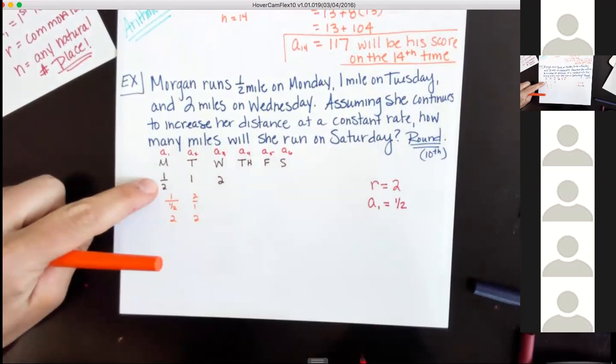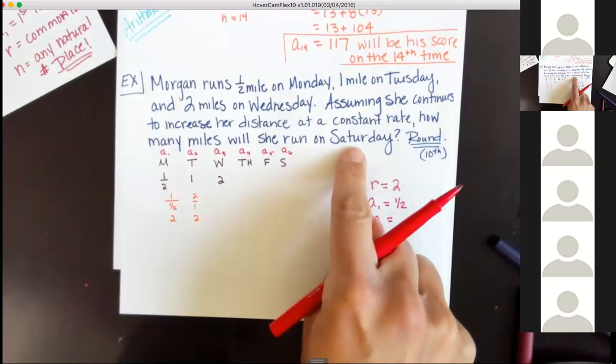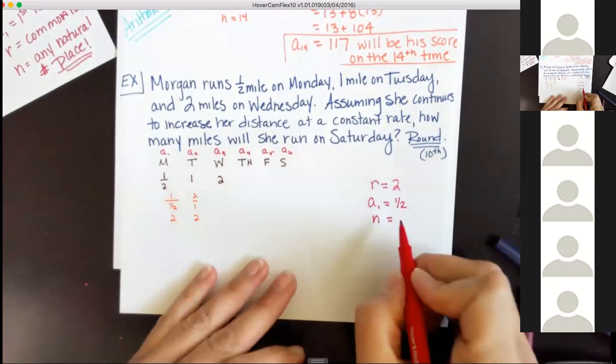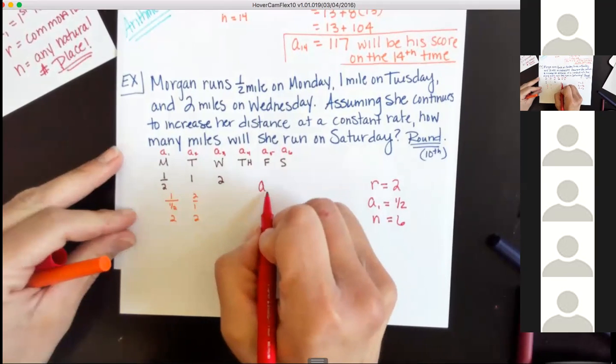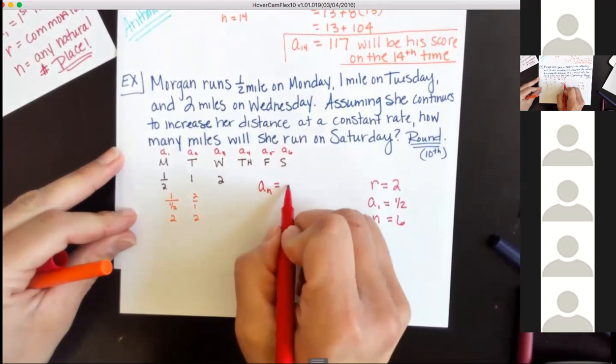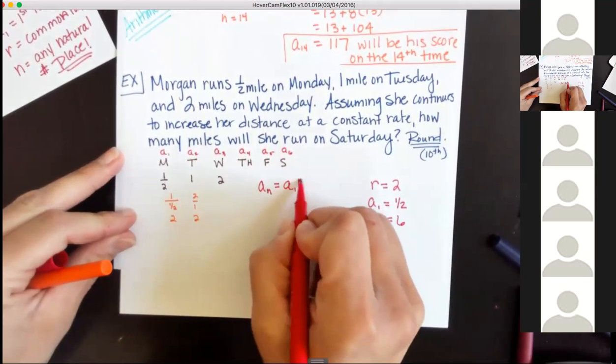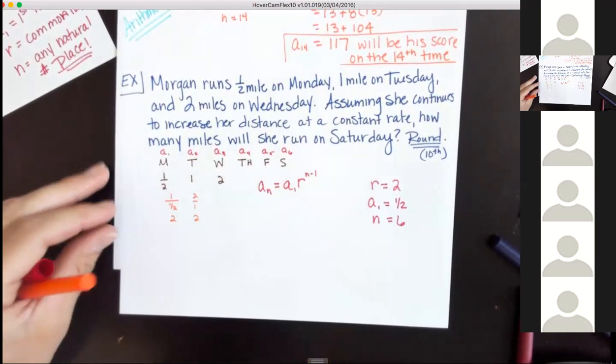That's our first term. And we can see that what we're looking for is Saturday, which is our 6th position. So we're going to use our formula. How many miles is she actually going to run on that 6th day, if what she started with and the pattern she used are those values?